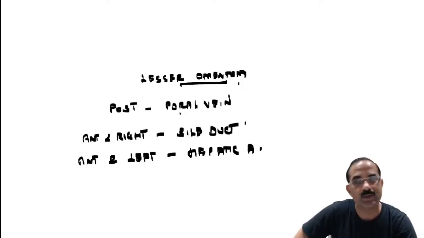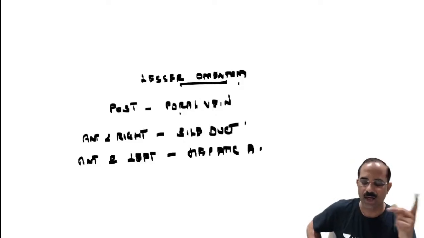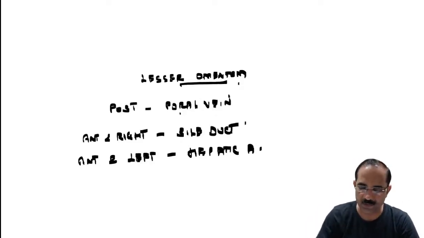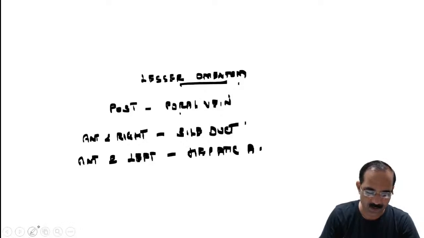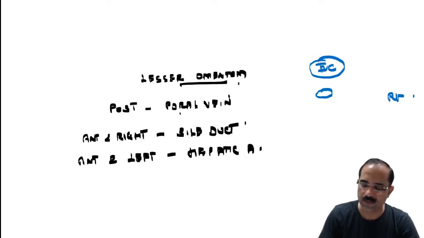Fine. And who's behind the portal vein? Behind the portal vein is IVC. And between the portal vein and the IVC is the epiploic foramen. Look, if I have to make it like this, that's the portal vein. Behind the portal vein is the IVC. If that is right and this is left, to the right side, what is this?